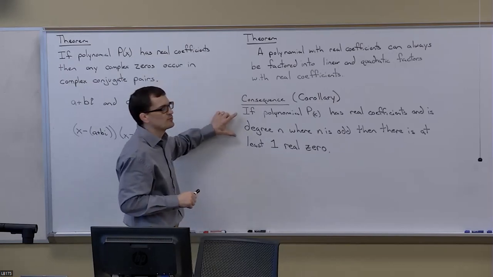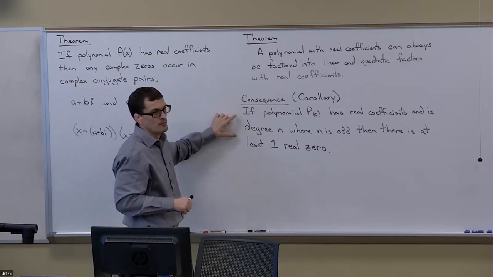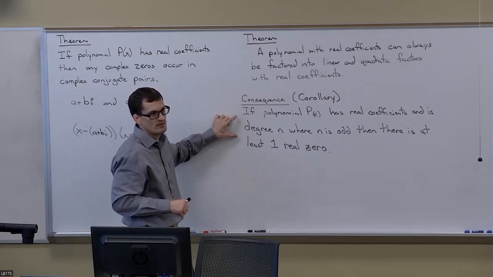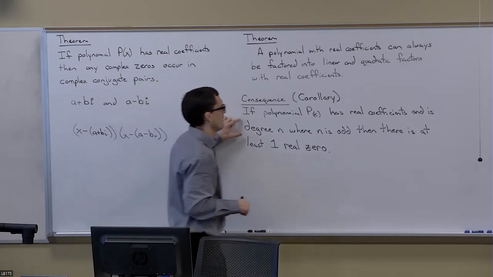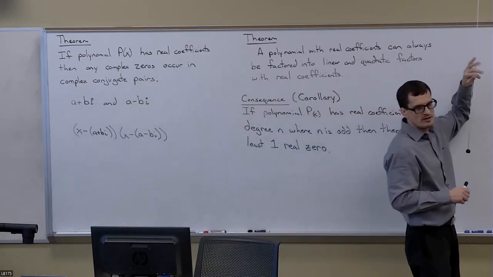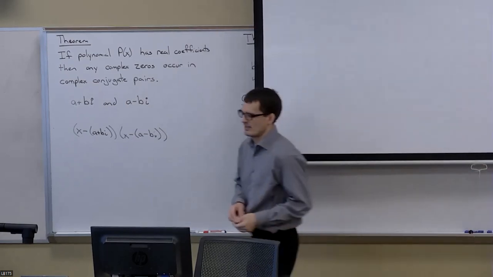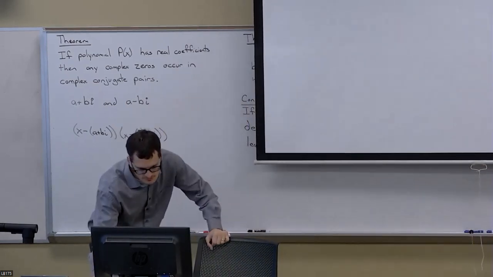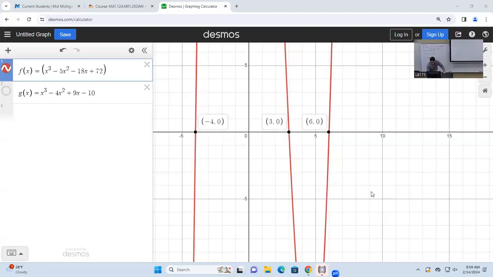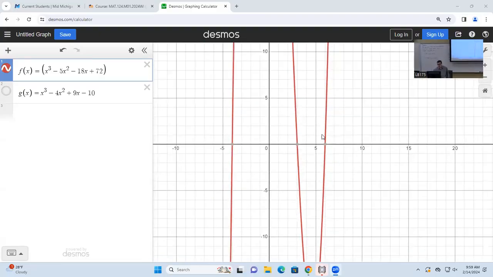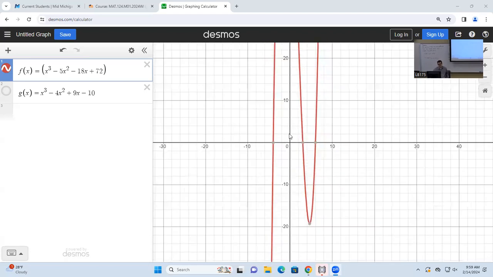By the way, this one we could have figured out way back in 3.1 or 3.2. If you think about a polynomial of odd degree, like an x to the third, for instance, what do I know about the end behavior?